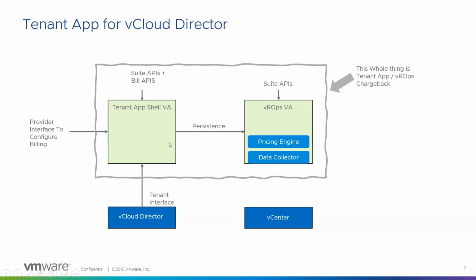One is the Tenant App shell virtual appliance. The other is the vRops virtual appliance. Now, all the data collection from different endpoints, such as vCenter, vCloud Director, Cloud Director Availability, all of these happen via the data collector piece of vRops that you see here.